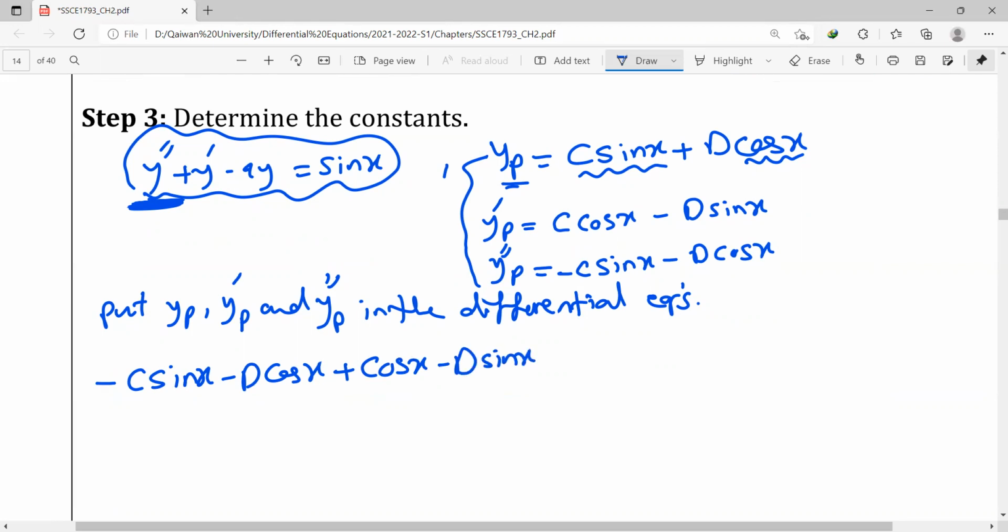Then we have minus 2 times y. We just multiply yp by negative 2. If we multiply it by negative 2, we get minus 2c sine x minus 2d cosine x. It equals to what? Equals the right hand side, sine x.